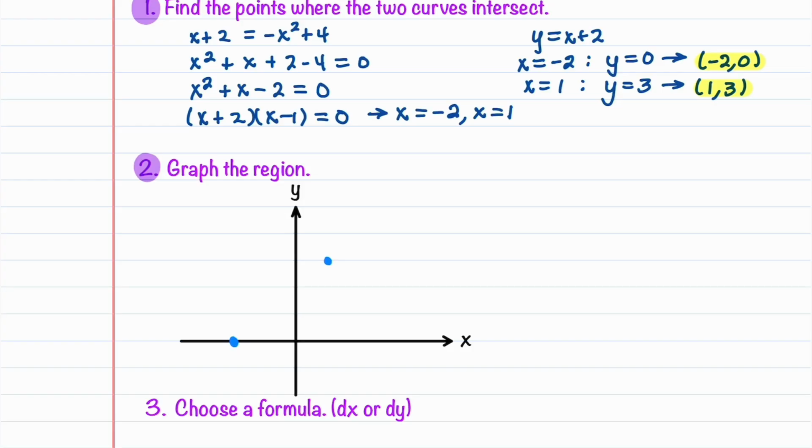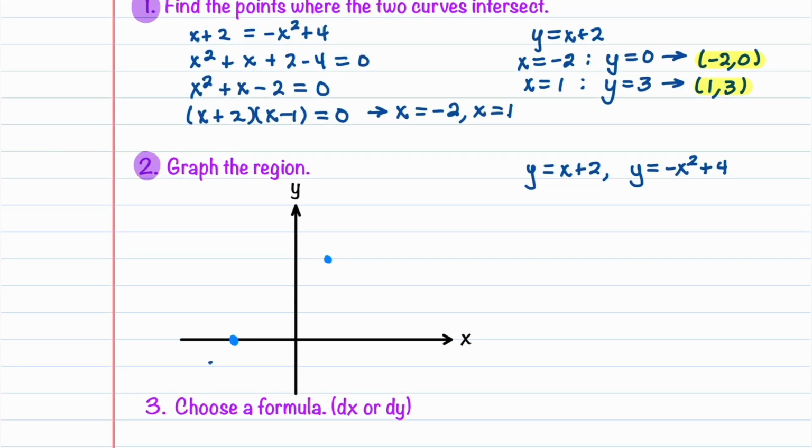We are going to graph our two curves. Let me put them up here so we remember what they are. We have y is equal to x plus 2, and we have y is equal to minus x squared plus 4. Let's graph the line first. That is just going to go between our two points of intersection.